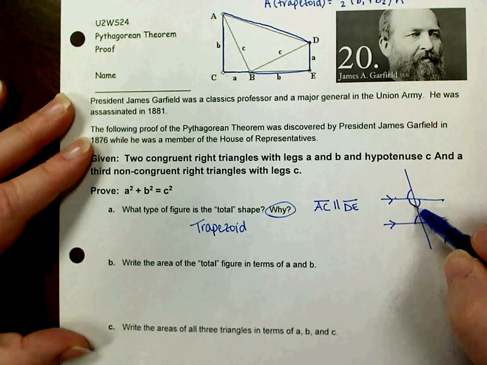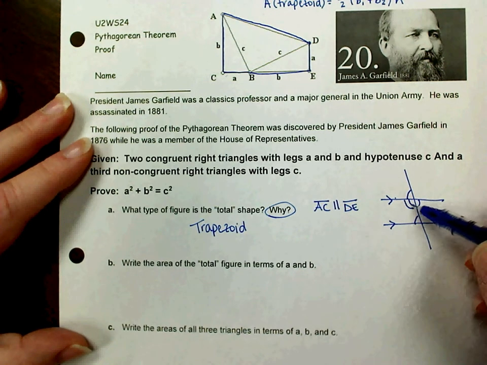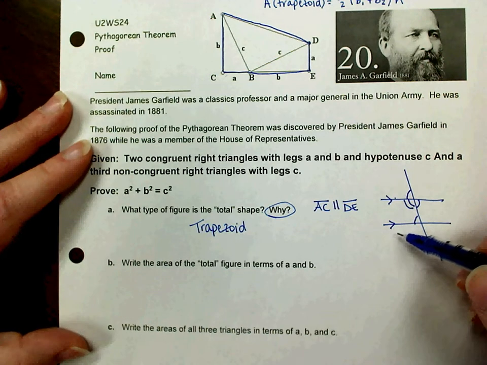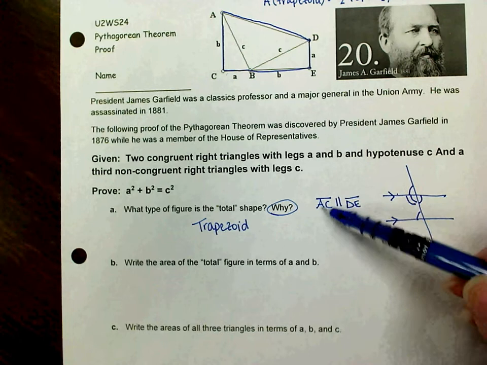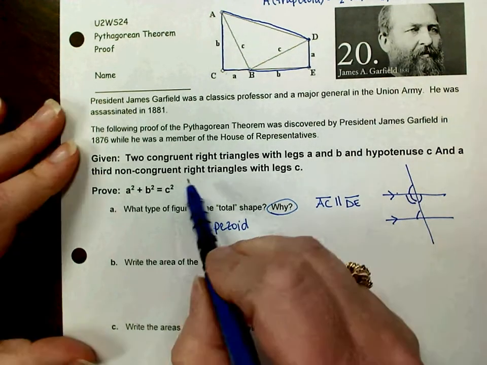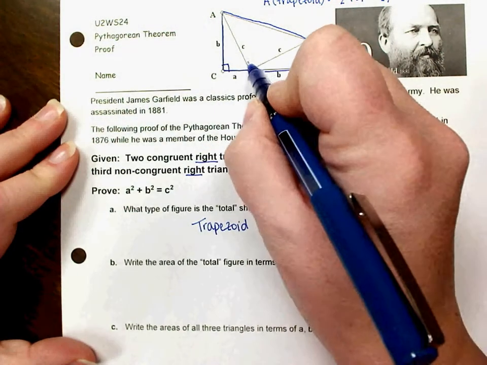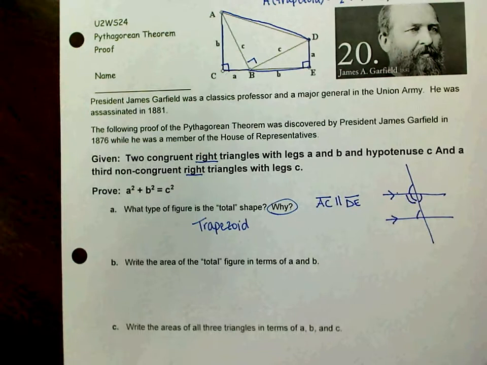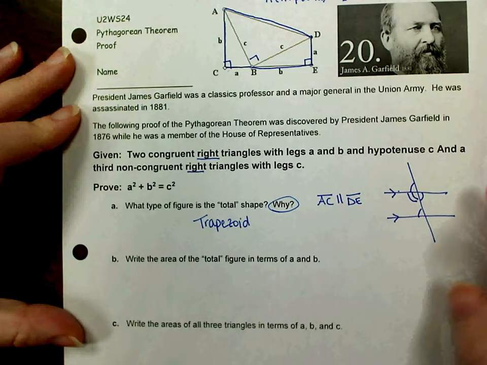We also learned that if the consecutive interior angles are supplementary, meaning if they add to be 180, that the lines are parallel. So you need to tell me which of those ways did you use to know for sure that these are parallel. Make sure that you have marked your right triangles in the figure from the given. That's going to help you answer that why question.